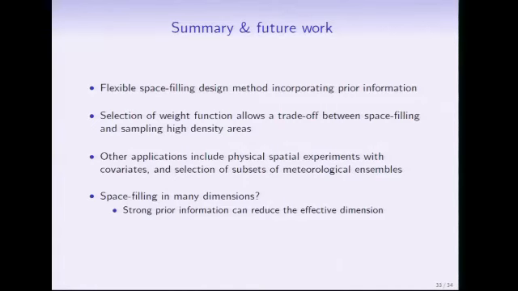So you might, for example, be more interested in a physical spatial experiment in taking observations in areas where there's high population density, and this could be used in there. And something that's interesting is when we have strong prior information, we're essentially reducing the effective size of our design space, and that probably makes space filling easier than it would otherwise be in very high dimensional space.